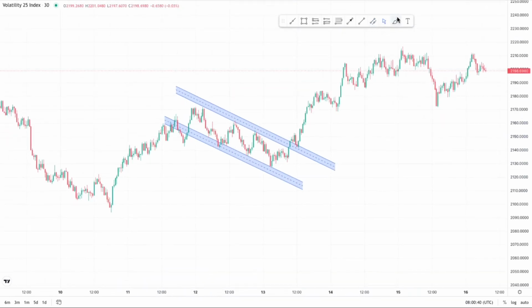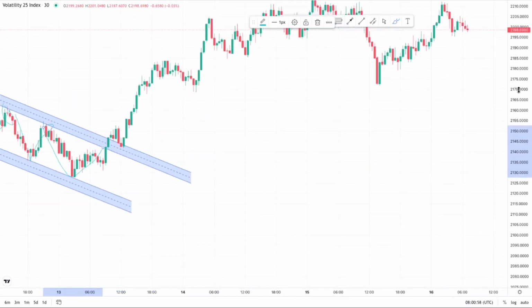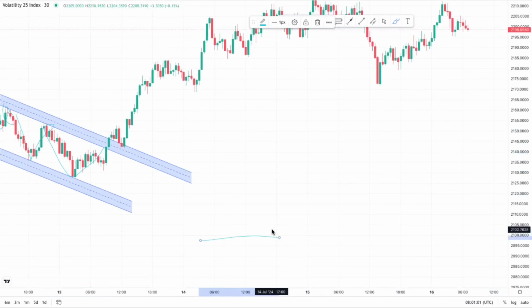It came up, bounced here, went down, came here, bounced here, went down, place our sell trade. It's a downtrend. We get this move until price came here, and you can see that the candle right here showed a lot of momentum, a lot of buying pressure. Let me drag the chart.